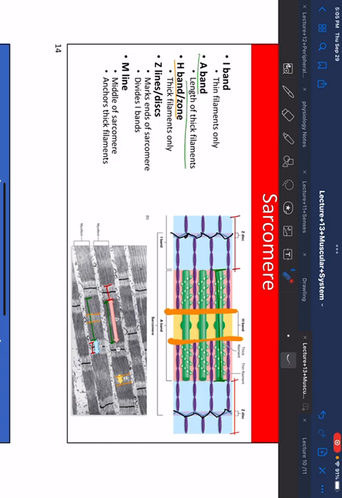And then lastly, we have the M line. Think of M for middle. The M line exists in the middle of the sarcomere.